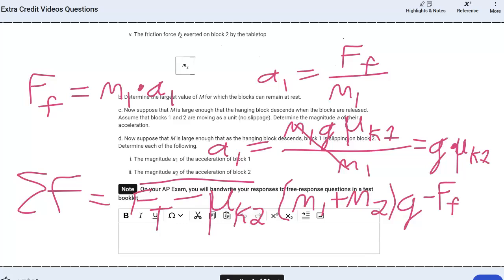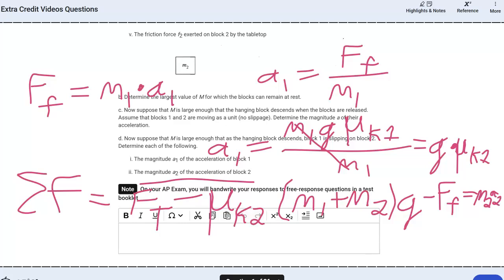Because that's our sum of forces. And this equals M2 A2.